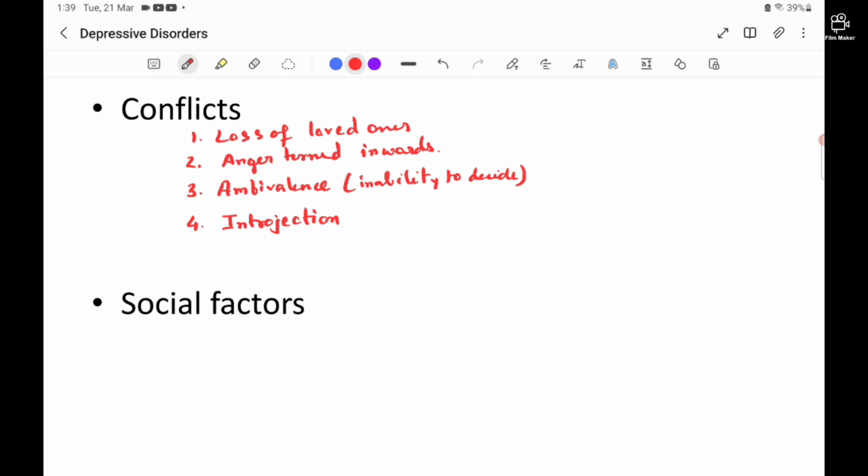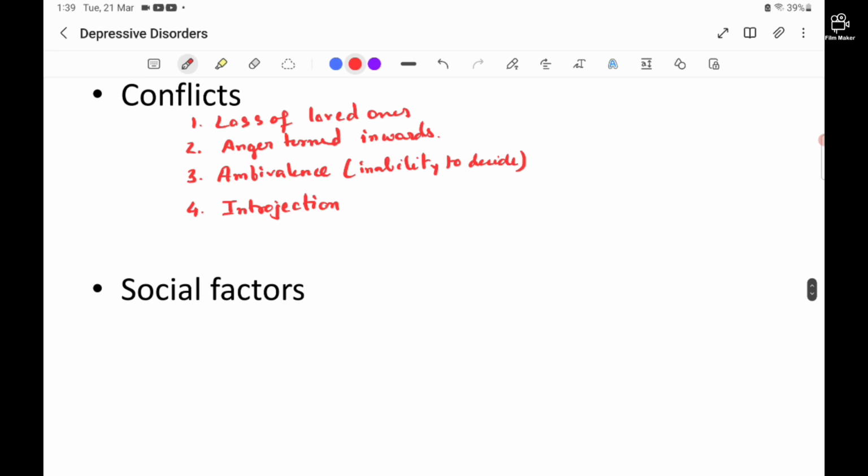Maybe he is not responsible for the accident, but he will be blaming himself and himself only. Or maybe the person had some quarrel with his friend, and the next day his friend, due to some accident, got admitted to hospital, and he will be blaming himself for this. So this is introjection, blaming himself.